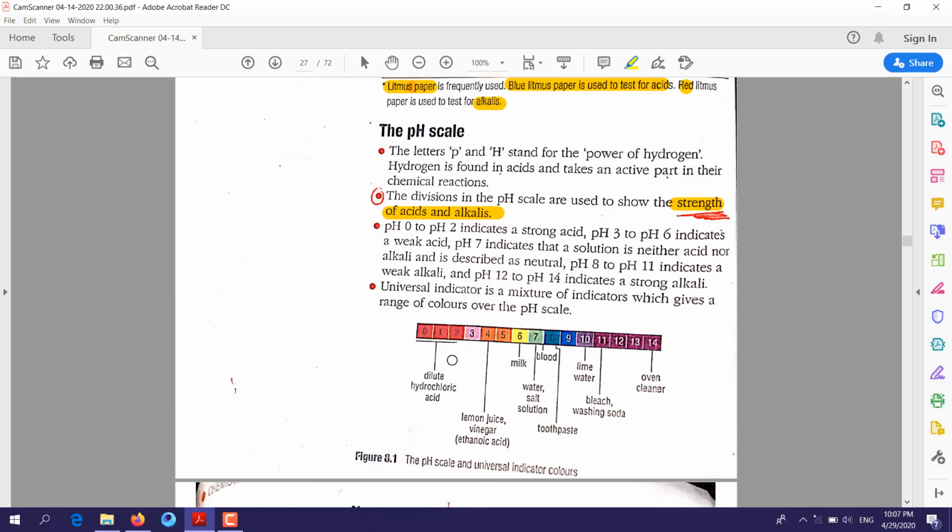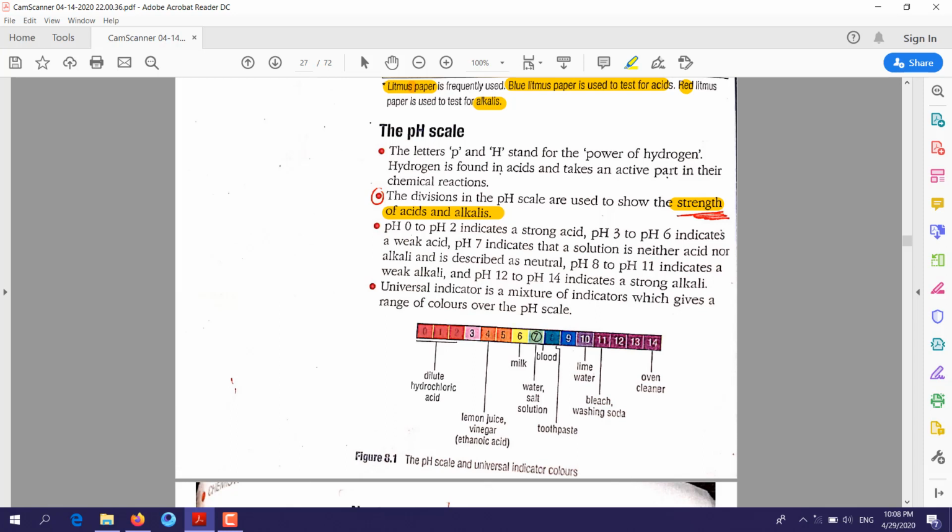For example, if it gives red, that means 0 or 1, strong acid. From 0 to 6 is for acids. 0 is a strong acid. 1 is also strong, but the strength decreases as we go toward number 7. At 7, we call it neutral.